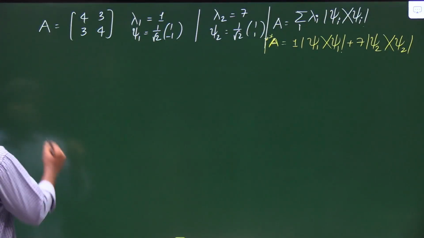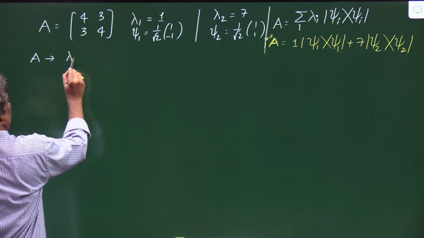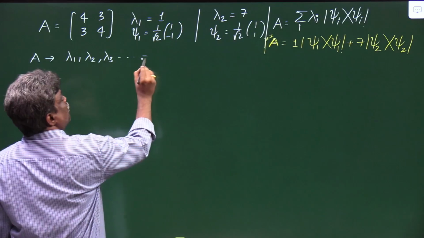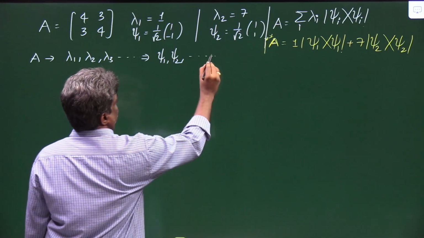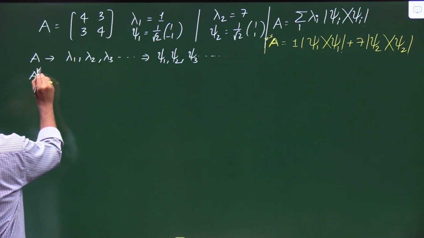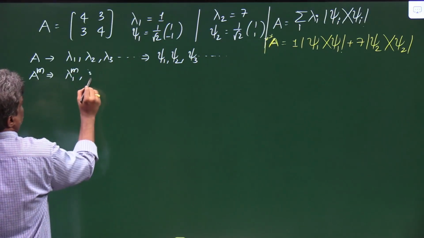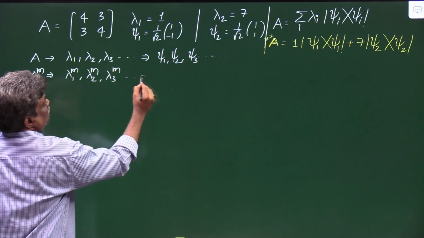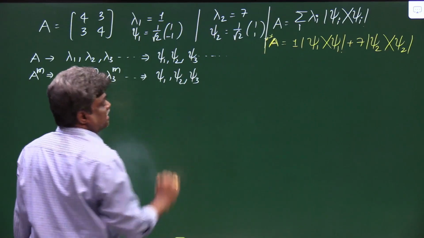Okay, so you know one thing, whenever there is a matrix A, we have eigenvalues lambda 1, lambda 2, lambda 3, and so on, and the corresponding eigenvectors psi 1, psi 2, psi 3, and so on. Then what about the eigenvalues of A power m? The same means lambda 1 power m, lambda 2 power m, lambda 3 power m, and so on. And the eigenvectors are the same. No change in the eigenvectors.